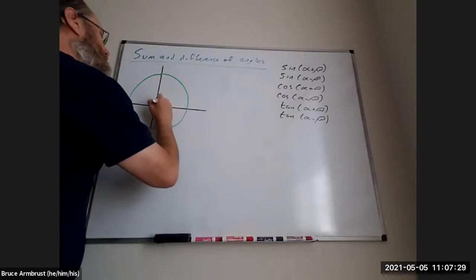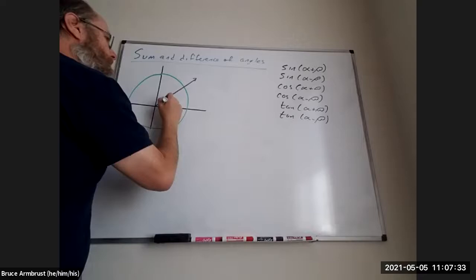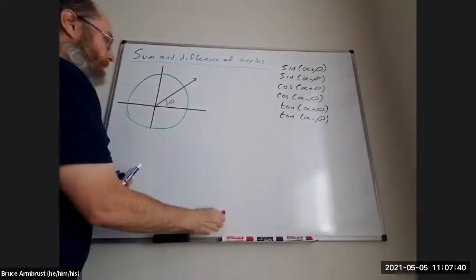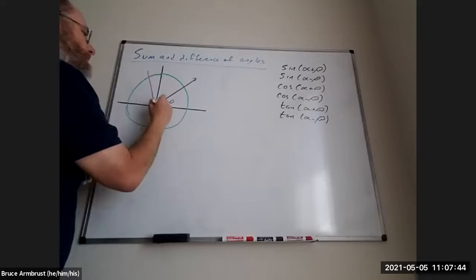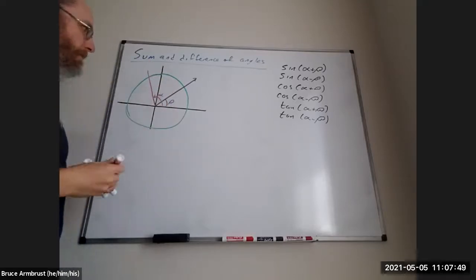So let's go with this angle right here. Let's make this our beta. And then I'll do another one, say in pink over here. And that's going to be our alpha.